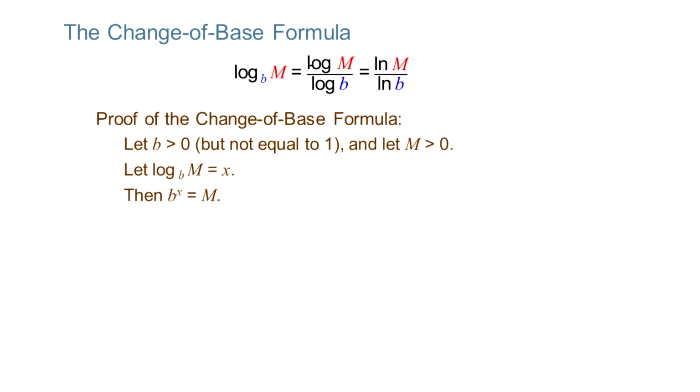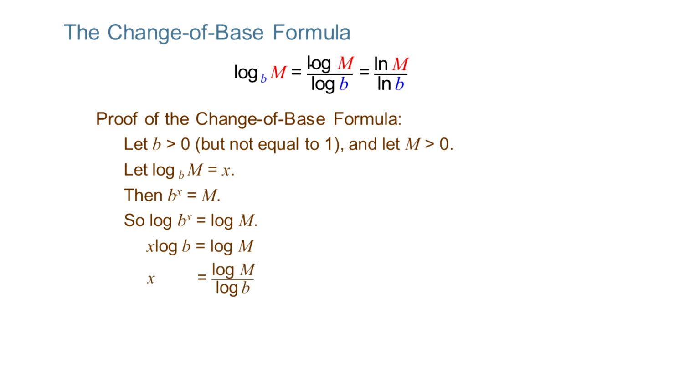For my next step, I'll note that we said earlier in this lesson that I can take the log of both sides of an equation as long as I use the same base on both sides. For this example, I'll use the common log, or log base 10. Now I can use the power rule to say that the common log of b to the power of x is equal to x multiplied by the log of b.